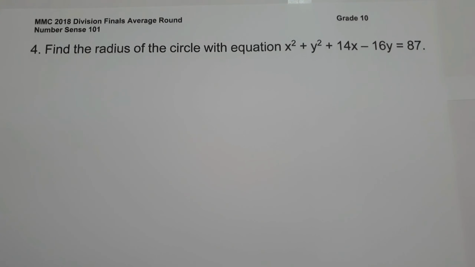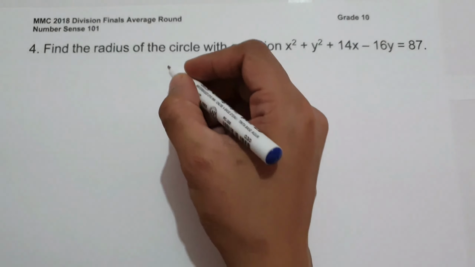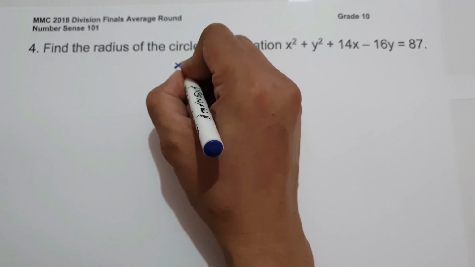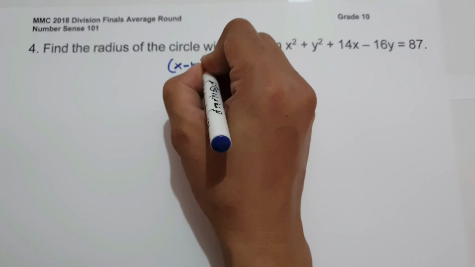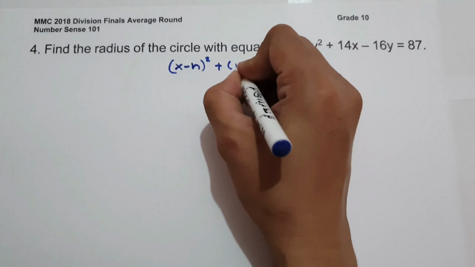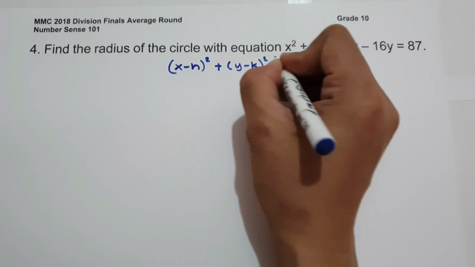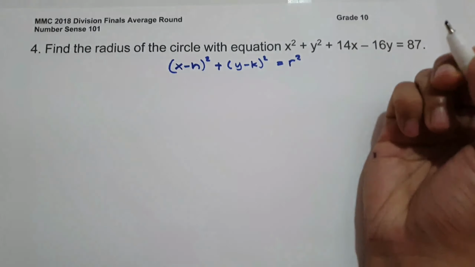On number 4, find the radius of the circle with equation x squared plus y squared plus 14x minus 16y equals 87. The standard form of the equation of a circle is written in the form of x minus h squared plus y minus k squared equals r squared.